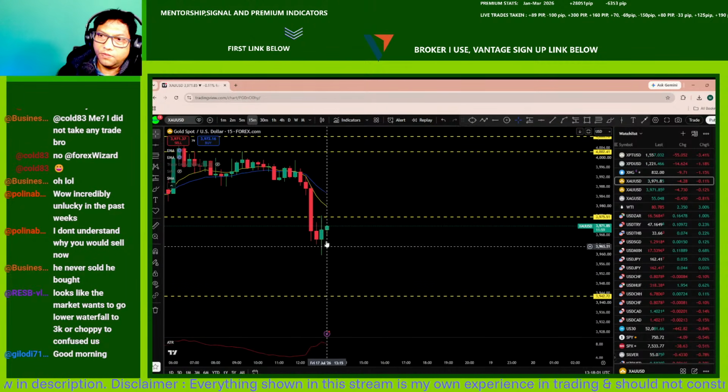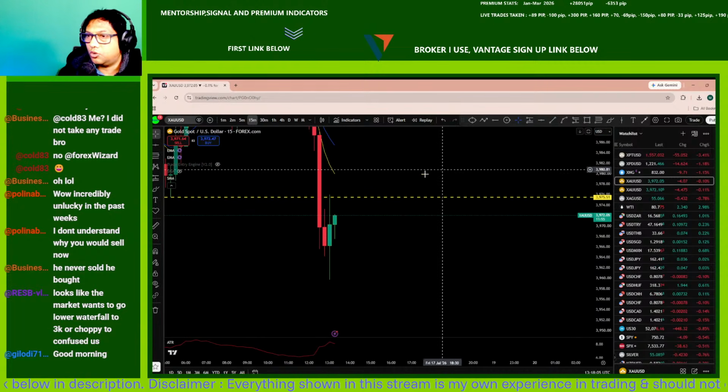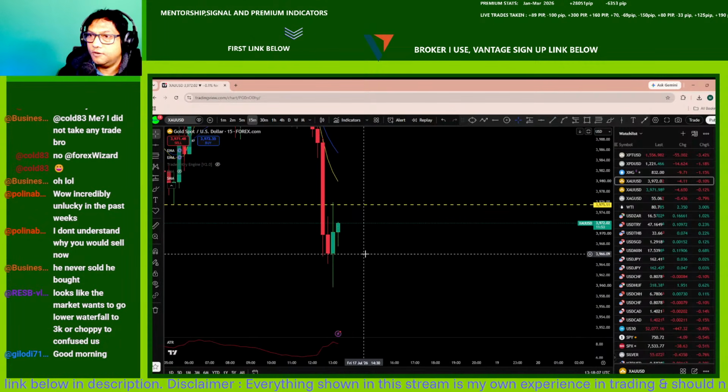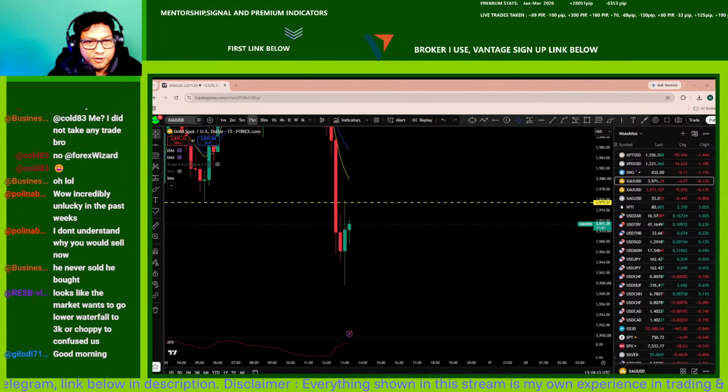Okay, let this 15 minutes go up, and if this 15 minutes closes with a long wick again along this area, then we can look for possible sell entry along this area.